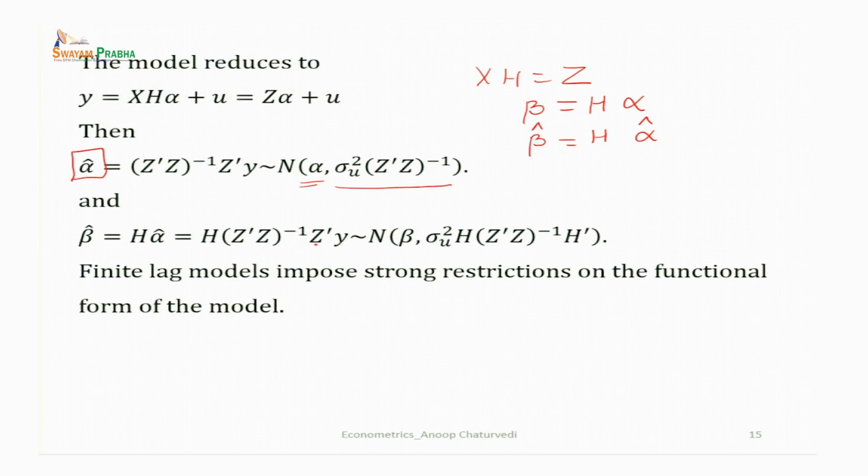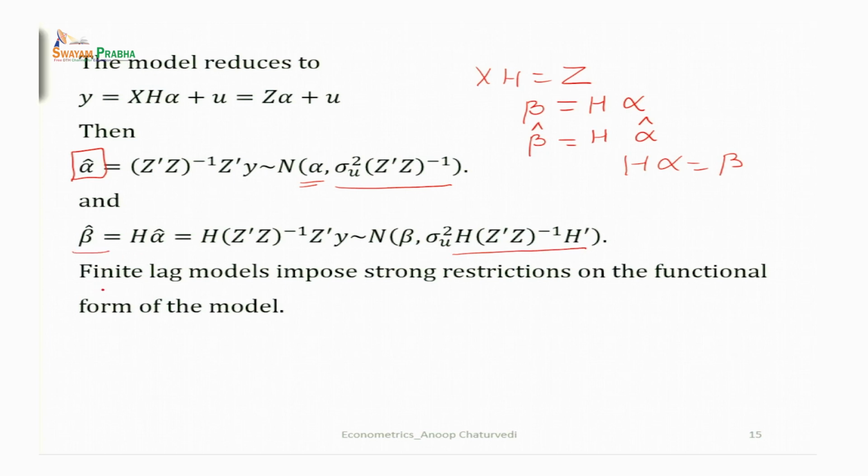Again z transpose z inverse z transpose y follows normal distribution with mean vector alpha and variance covariance matrix this. So, h alpha hat follows a normal distribution with mean vector h alpha, which is equal to beta, and variance covariance matrix sigma square u h z transpose z inverse h transpose. So, this is the variance covariance matrix of beta hat.